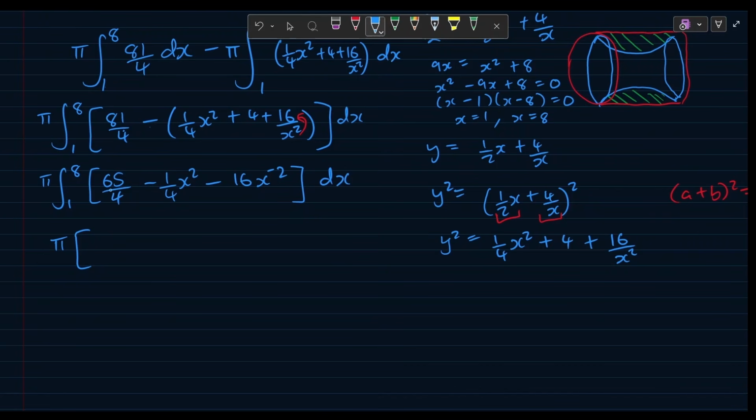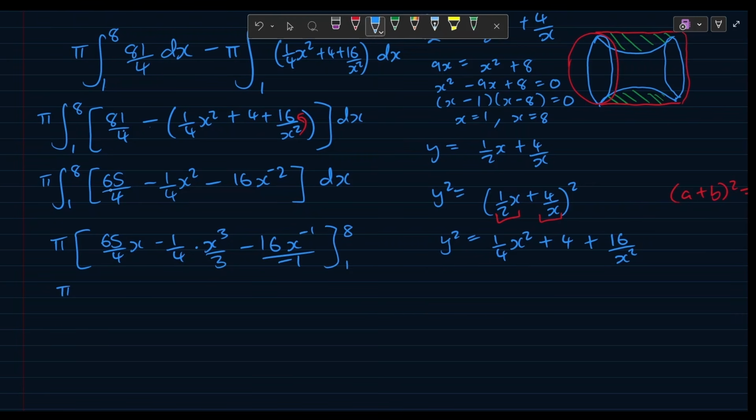Okay, so if you integrate that, that's 65 over 4 x. Then negative a quarter x, add 1 to the power, you get x cubed divided by 3. Then I've got negative 16 x to the, add 1 to the power, so negative 2 plus 1, that's negative 1, divide by the negative 1. And our limits are from 1 to 8.